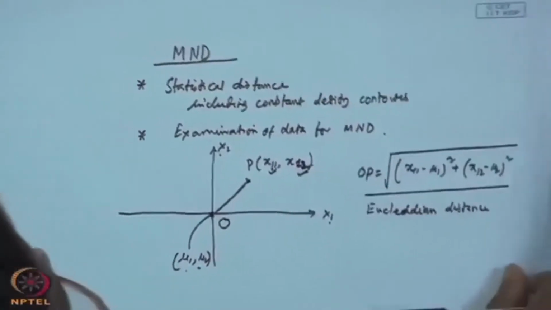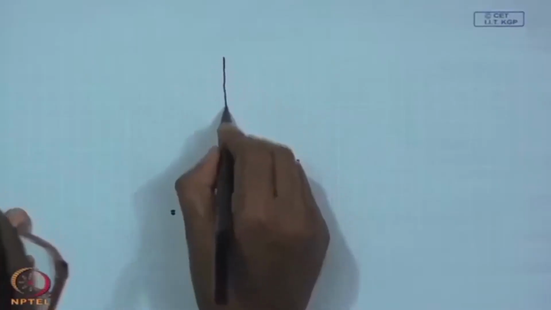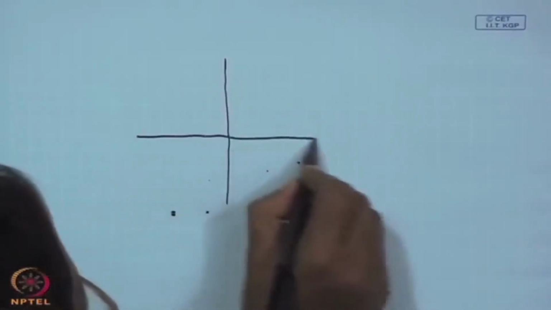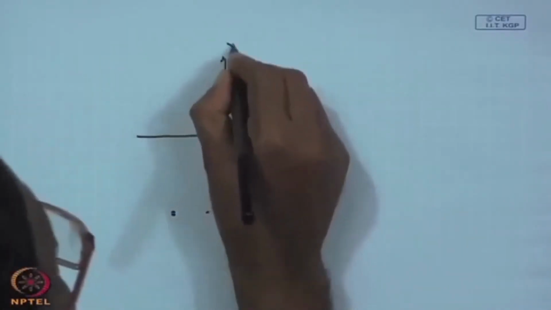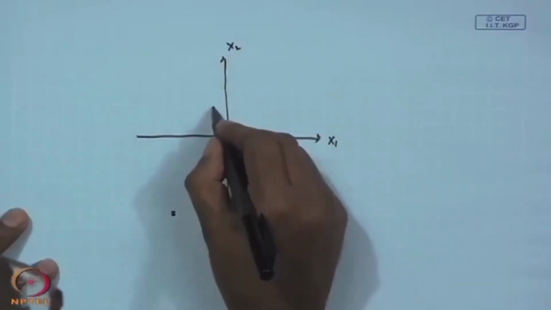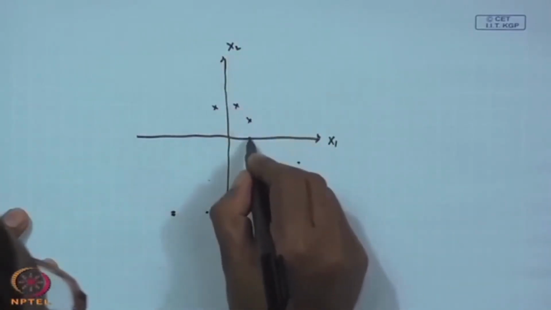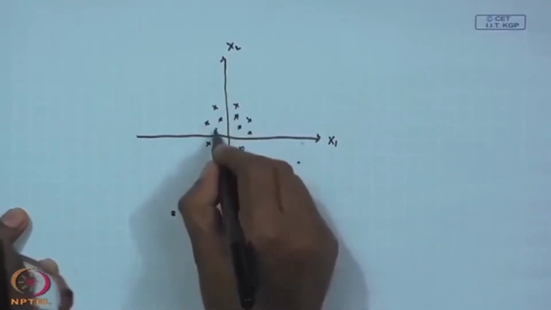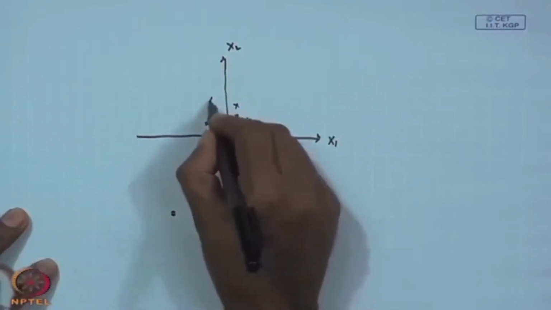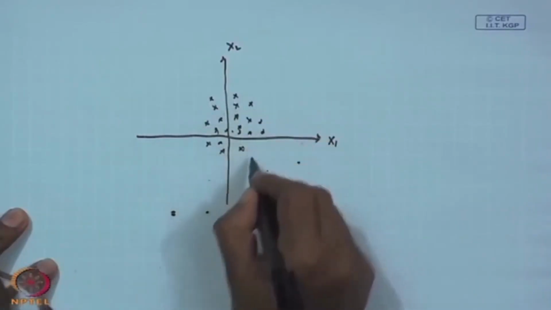Now, let us see that we have several points scattered on a bivariate plot x 1 and x 2 in such a manner that it basically resembles like this.